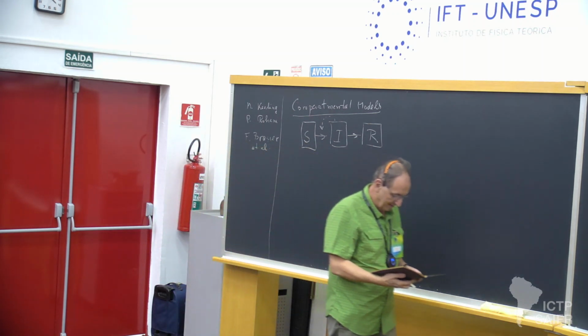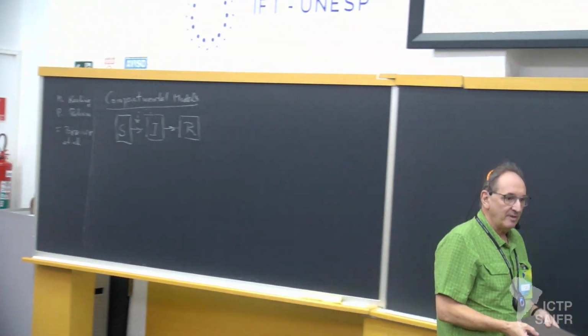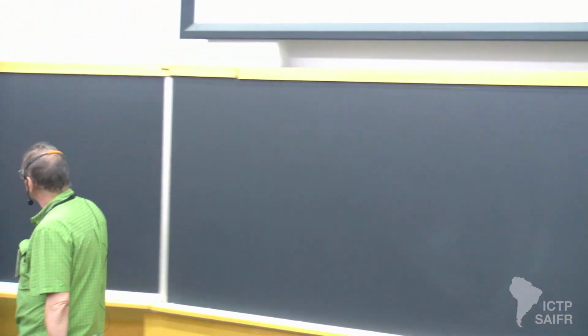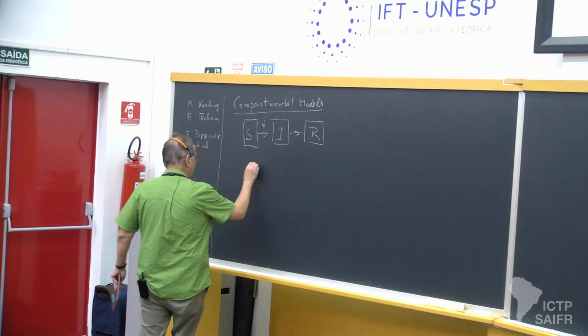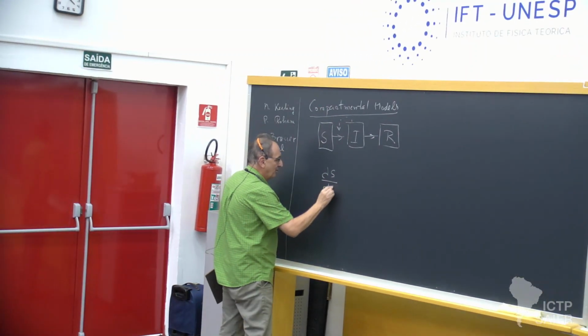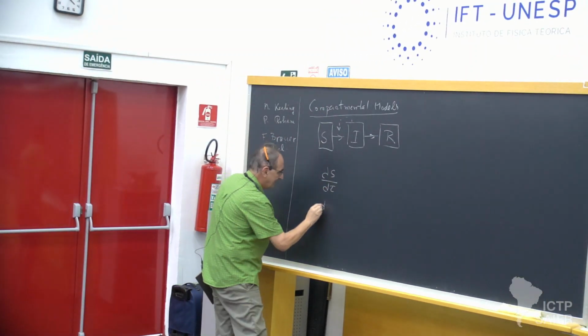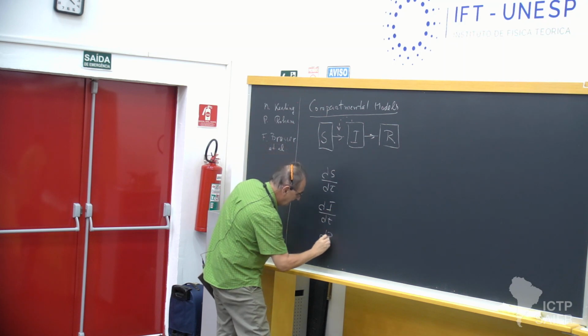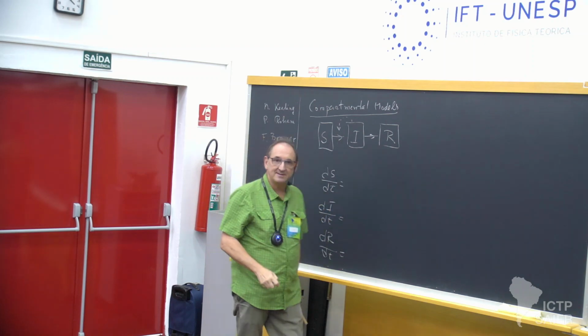You want to build the most elementary mathematical model for this kind of situation, which is called the SIR model, that gives you the rate of change of the number of people in these classes.